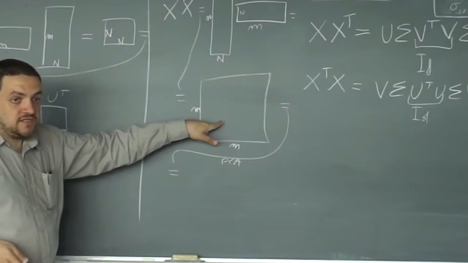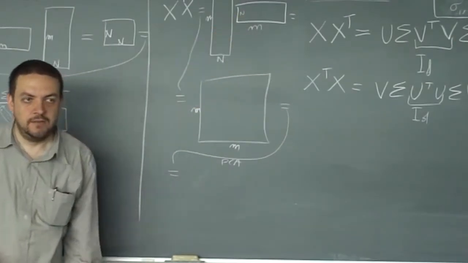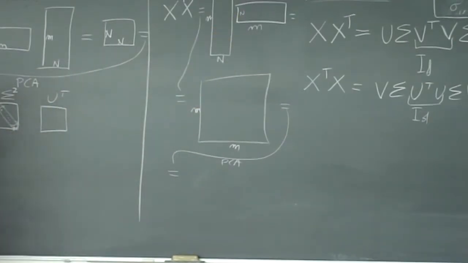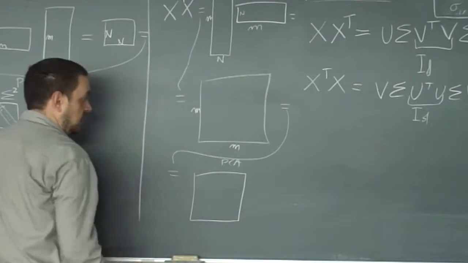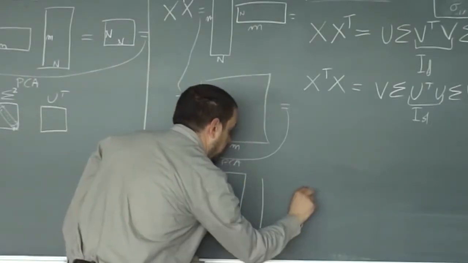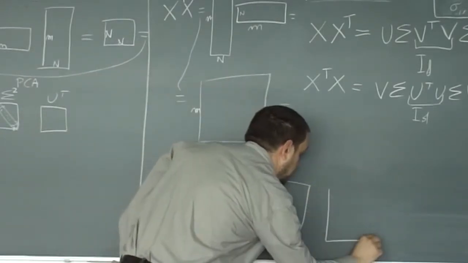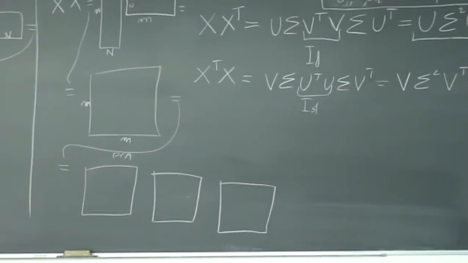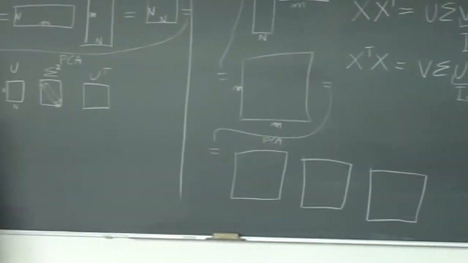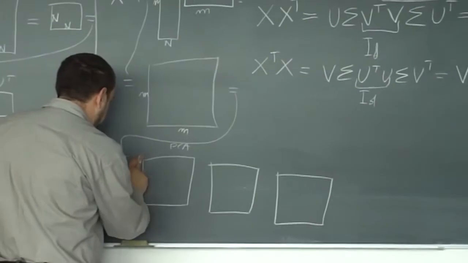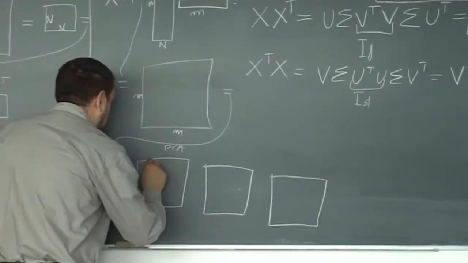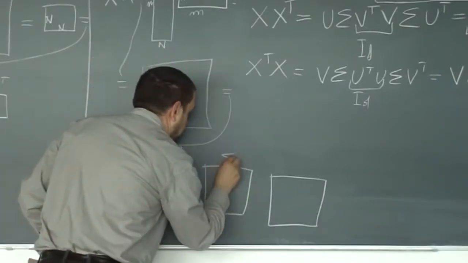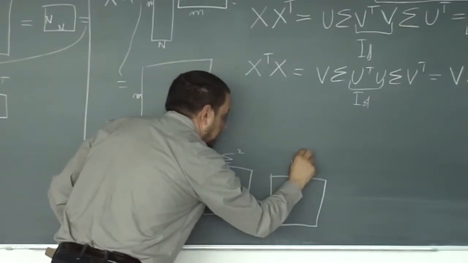It's sort of covariance, but we didn't normalize the matrices, so it's not really covariance. And what we get, this time, is the product of three large matrices, larger than these three matrices. We call them V, sigma squared, and V transpose.